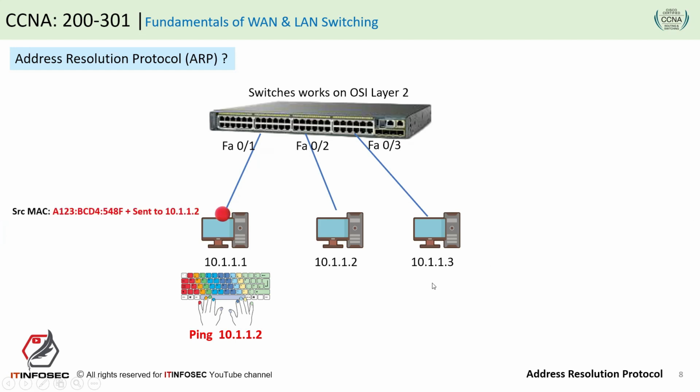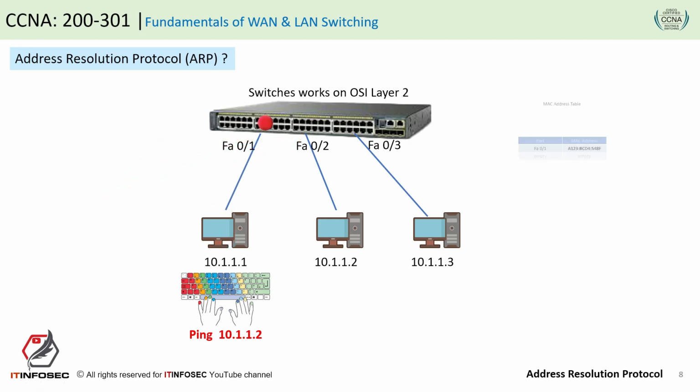The packet produced by the computer contains two main parts: the source MAC address, which is the MAC address of the first computer, and the destination IP address, 10.1.1.2. It's because I did ping 10.1.1.2, so the destination IP address is added to this packet, and this packet is sent to the switch.